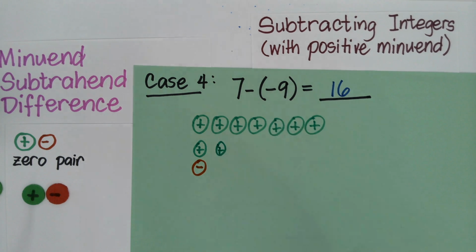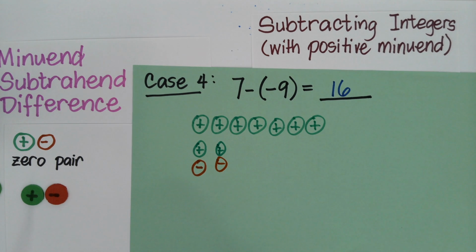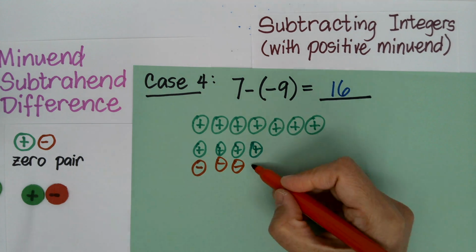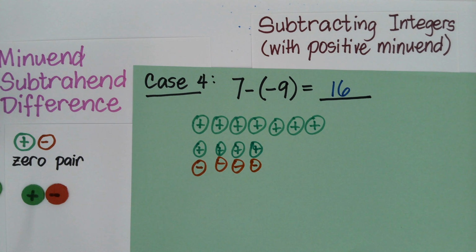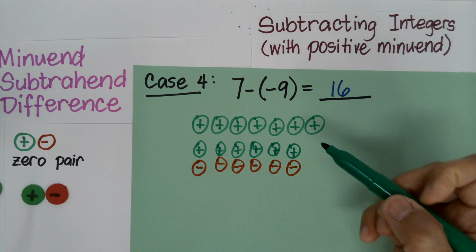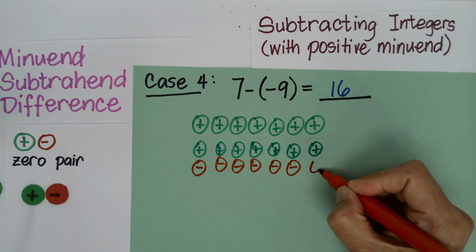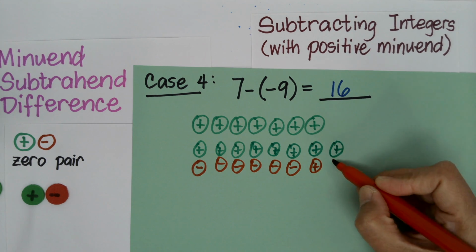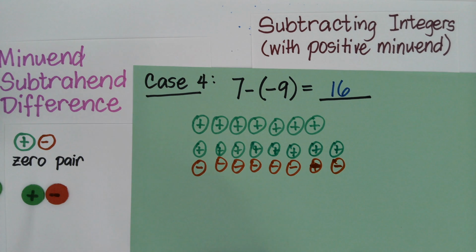So that's 1 pair, that's 2, 3, 4, up to 9.